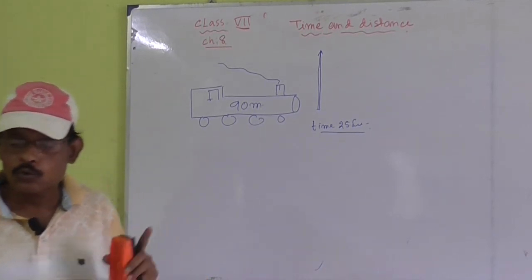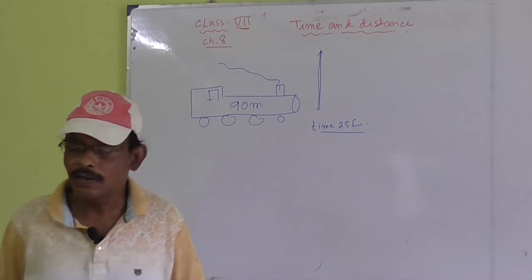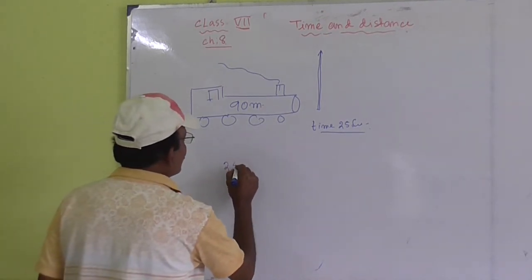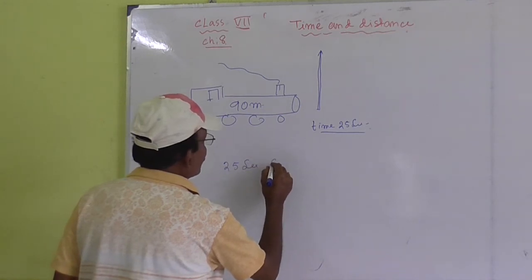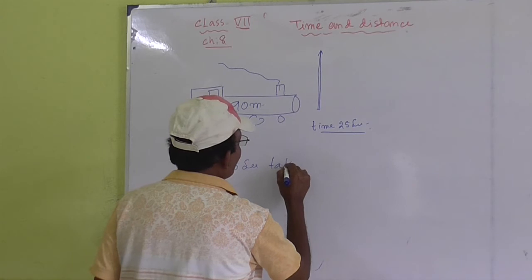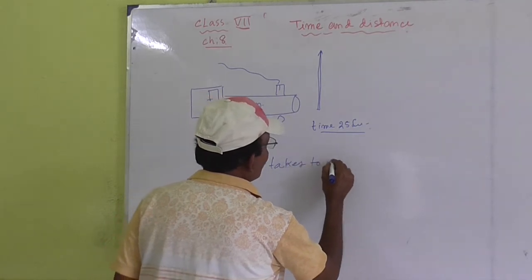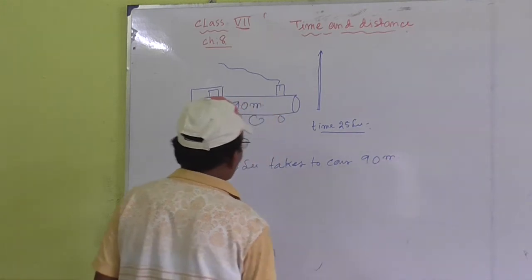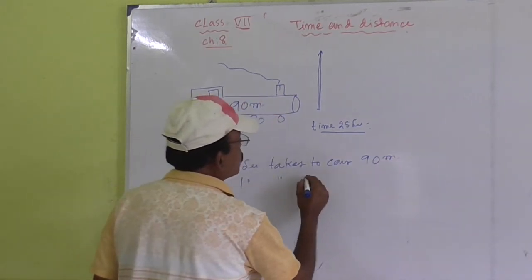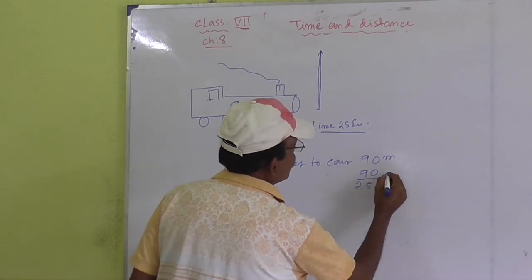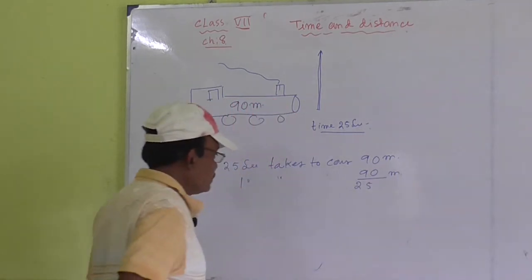So, 25 seconds to cover 90 meter. One second takes to cover 90 by 25 meter.